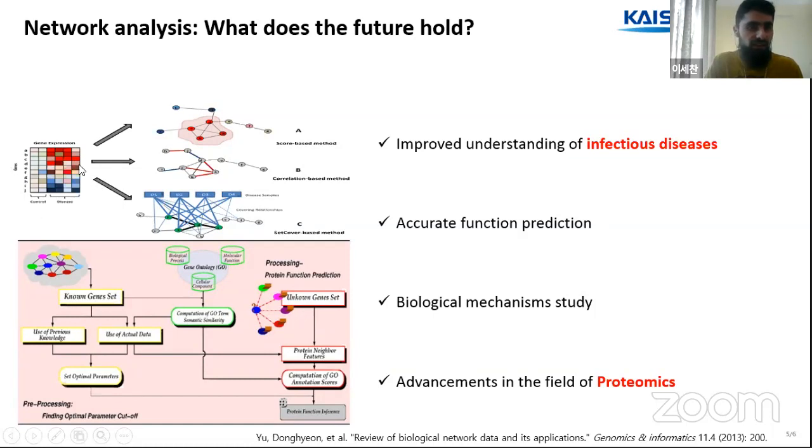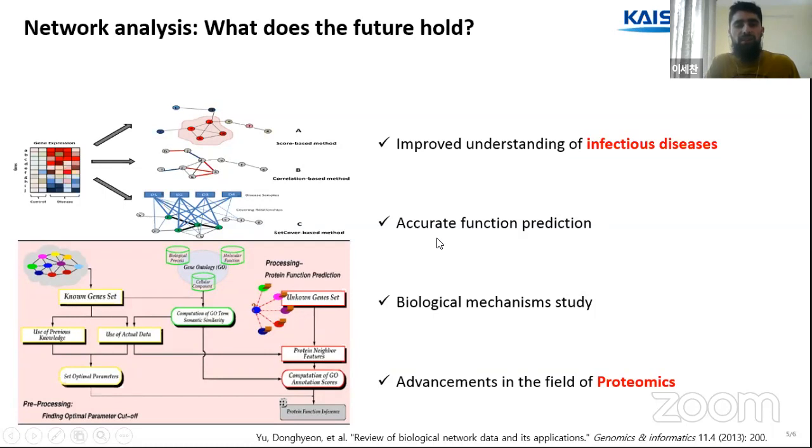Like we can see in the figure, there's the gene expression of the control sample and then the gene expression of the diseased patient. Based on the differential expression of these genes, a systems biology approach can be applied, and after that analysis, we can gain an enhanced understanding of diseases.